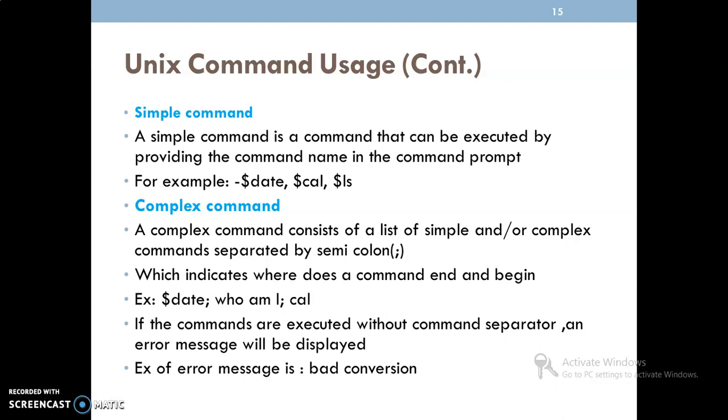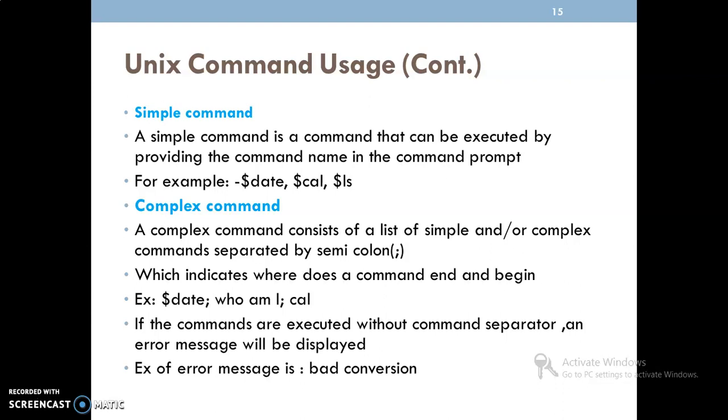As the name indicates, date will display the current date and time. The second one is the ls command. As the name indicates, it will list all the files in the current directory. This way we can use the cal command also.